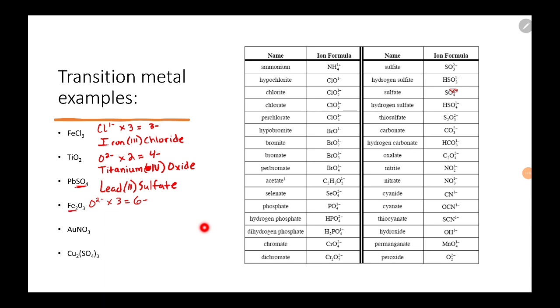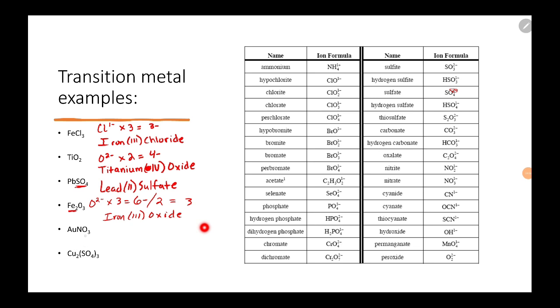Now, however, we see that there are 2 iron atoms. If there are 2 iron atoms, each of the iron atoms only has to balance out 3 of the negative charge. So the correct name for Fe2O3 is iron(III) oxide, because each of the iron atoms must have a +3 charge.